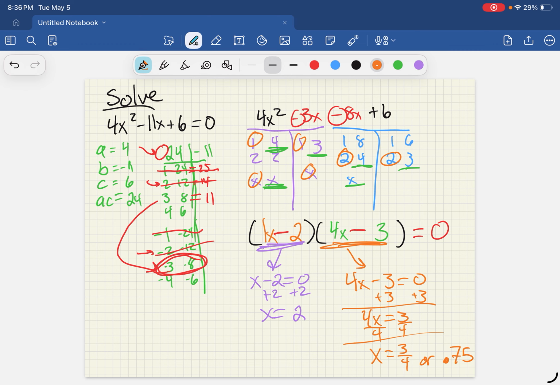Okay, so there are my solutions. X is 2 and x is 3/4 or 0.75. It's all the same to me. This is how I would factor and solve or find my x-intercepts.